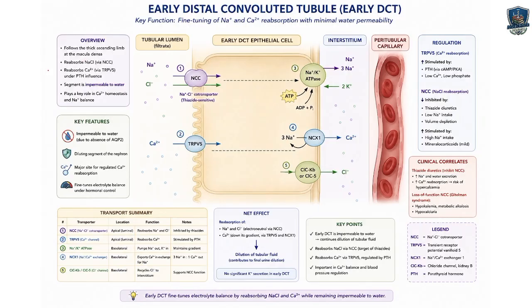We have our tubular lumen here, whereby we have our filtrate. This is our early DCT epithelial cell, and this is our peritubular capillary. So we've got three major sections. In this tubular lumen we have our filtrate. This is an epithelial cell, and you should know the content of the epithelial cell.